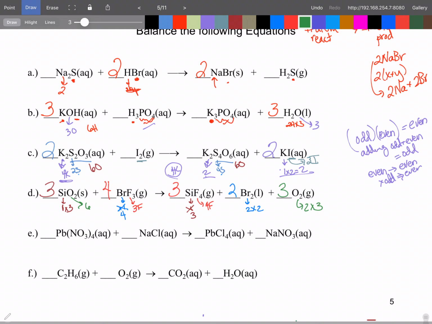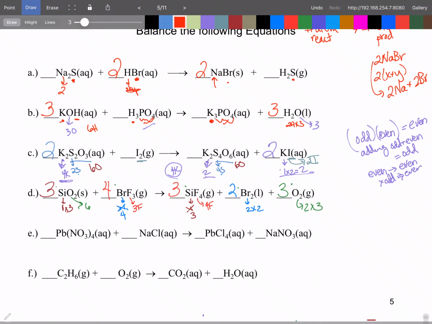It said that you have to have the lowest ratio possible. So if you filled in every single line, you need to go back and double check and make sure A, it's a whole number, and B, it's the lowest ratio. So if we look at it, we have 3, 4, 3, 2, 3. There is nothing that will go into all of them, so that is the lowest ratio possible. So that one stands.